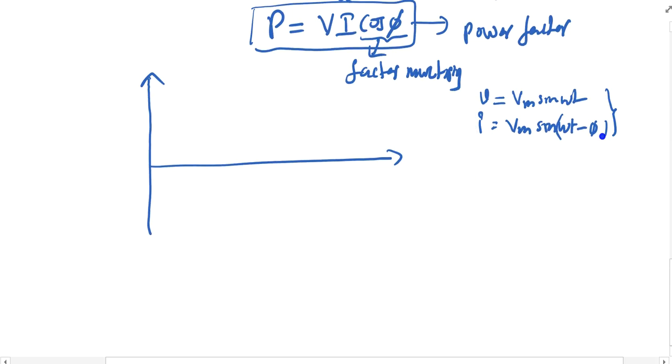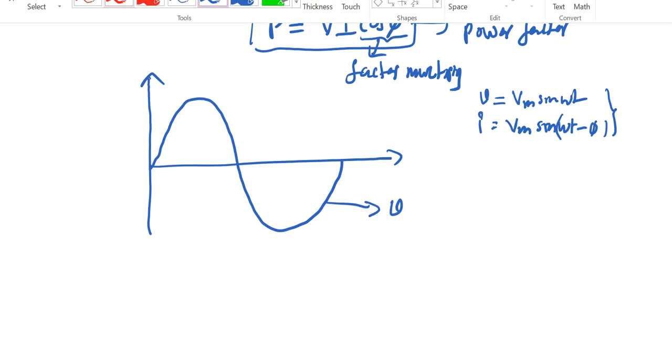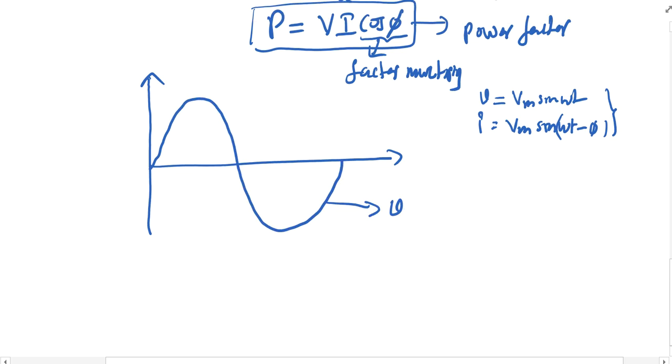Now let me draw these diagrams here. I am taking my voltage as the reference, and it is coming like this. Coming to the current waveform, this is pi by 2, this is pi and this is 2 pi, something like that.